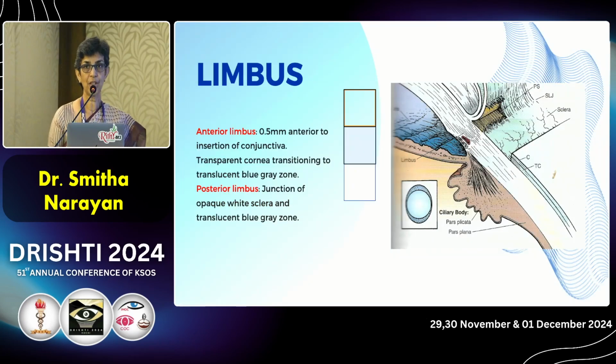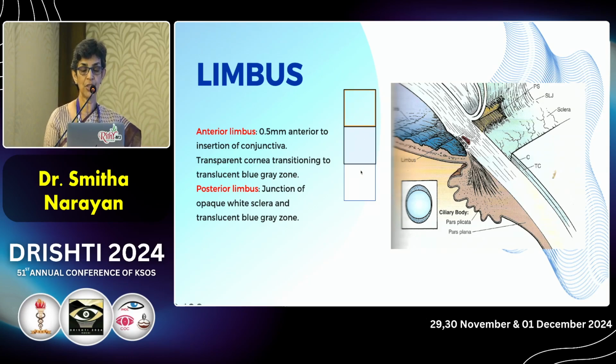Before we perform the trabeculectomy, we must also be familiar with the surgical anatomy of the limbus. If we dissect a rectangular flap from the sclera to the clear cornea, we will encounter three zones: the white zone of the sclera, then a blue-gray zone containing most of the drainage parts of the angle of the anterior chamber, and then the clear cornea.